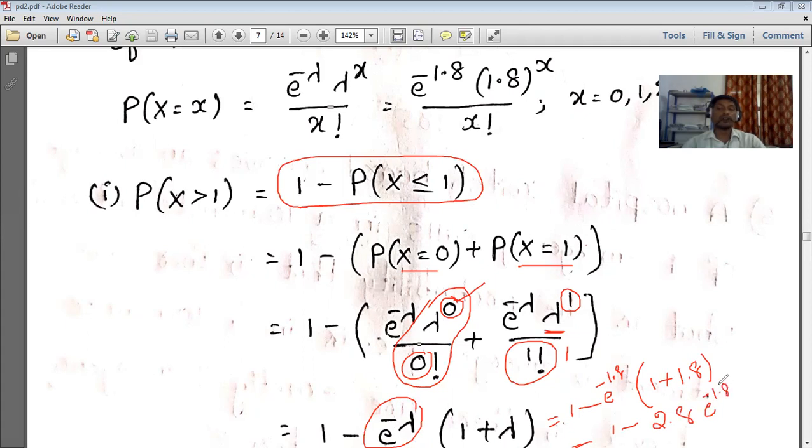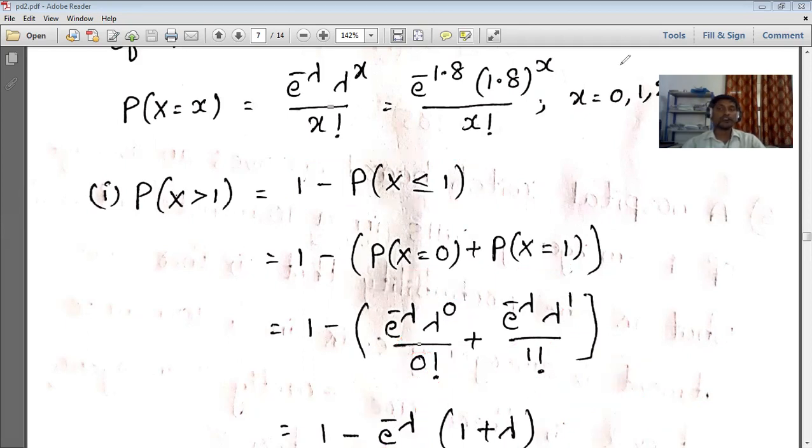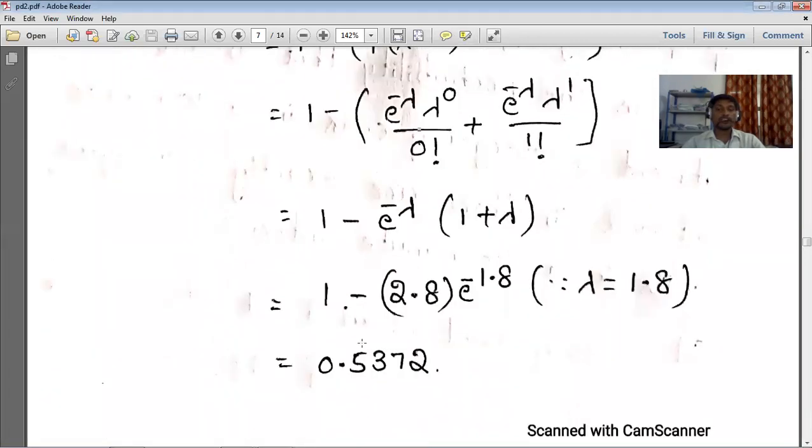So completed that value. Okay, so you can calculate that value. Simply see, that one we did: 1 minus 2.8, because 1 plus 1.8 is 2.8, and e power minus 1.8 as it is. So this is the probability of more than 1.